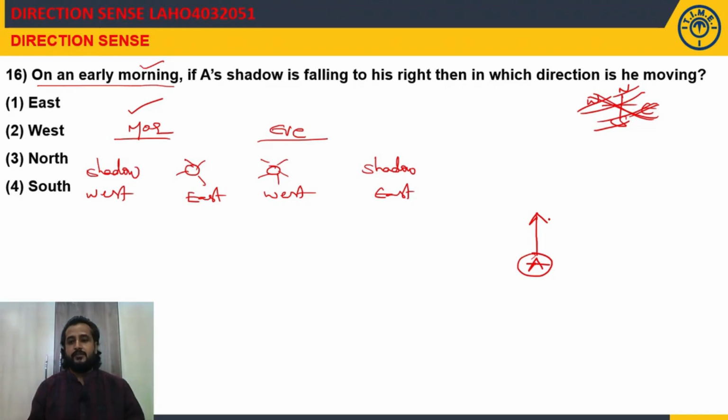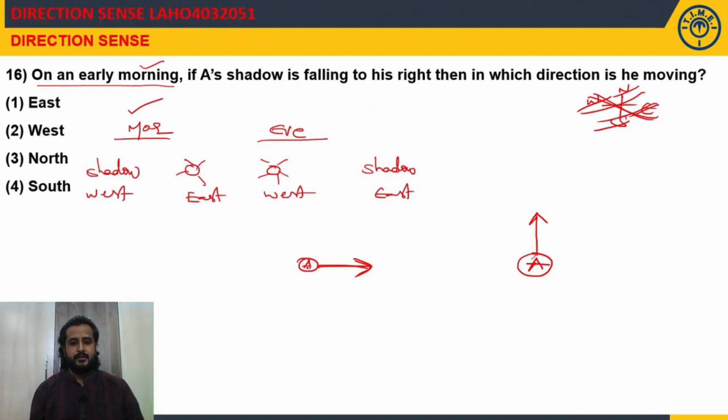So A is facing like this. You may take any direction, there is no issue. You may take this way, or this direction. Let me take these two, one vertically, one horizontally. What is observed? A shadow falling to his right.